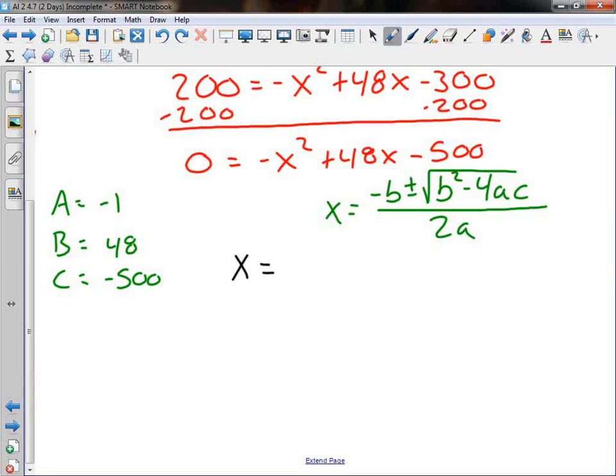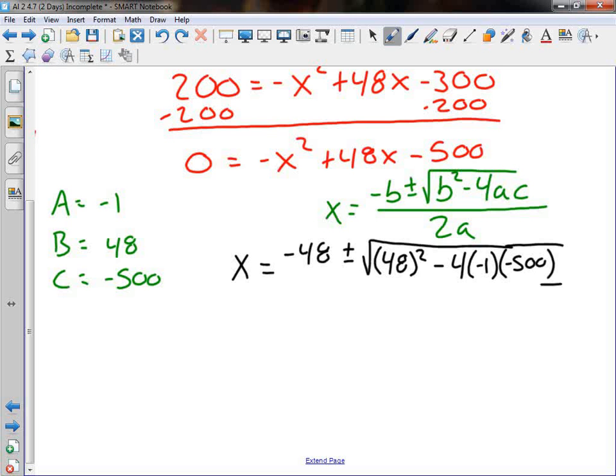Opposite of b, negative 48, plus or minus square root of b squared, which is going to be 48 squared minus 4 times a times c, all over 2 times a. Okay, so now it's time, looks like we've got everything in right. Now it's time to simplify.